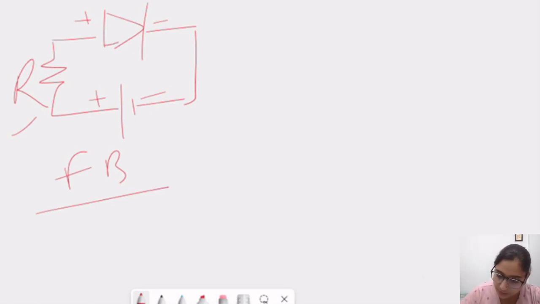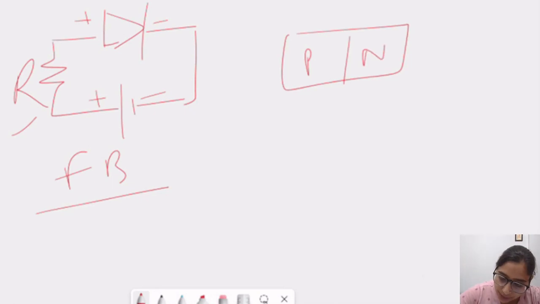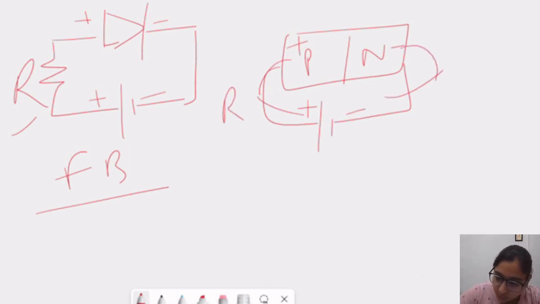Now what happens? Let us study it in detail. If this is a PN junction and I am connecting it in forward bias, this positive and this positive charge are repelling each other, and this negative and this negative charge are repelling each other. So they are trying to move in this direction. The depletion layer which we studied will be crossed, and the potential barrier will be crossed.